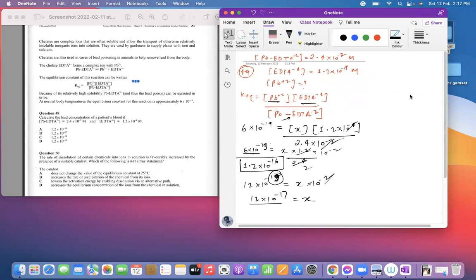The entire solution is this one. This is my answer: 1.2 into 10 to the power minus 16. Okay. Perfect. Now tell me about question number 50. What should be the answer for question 50?